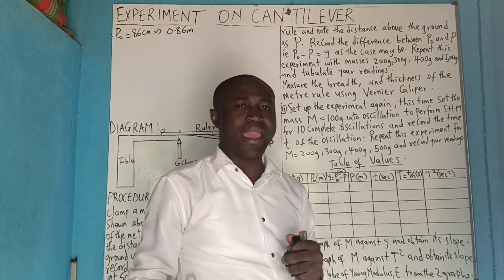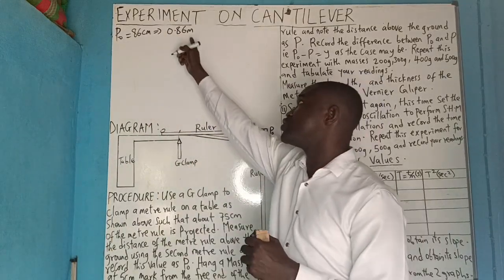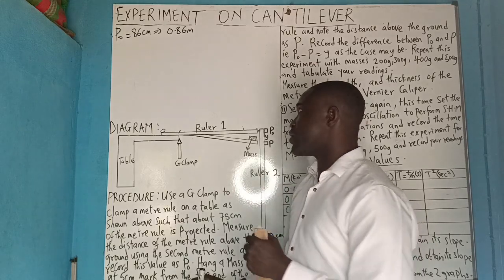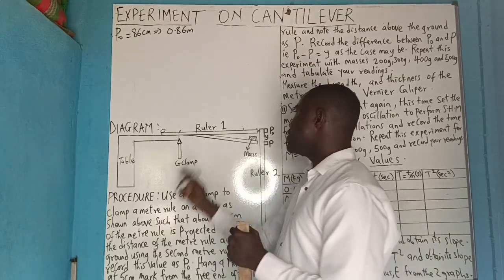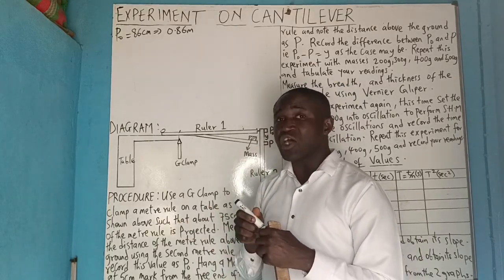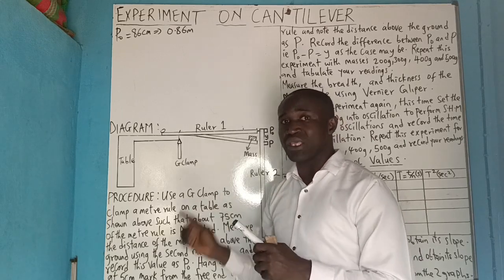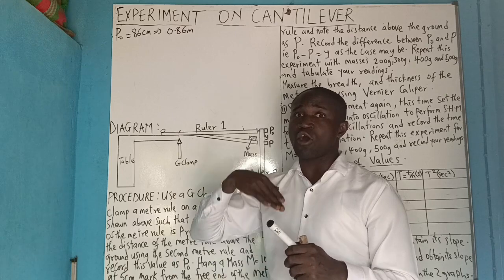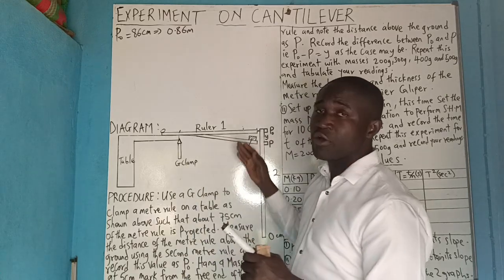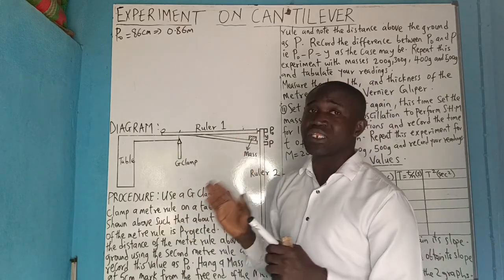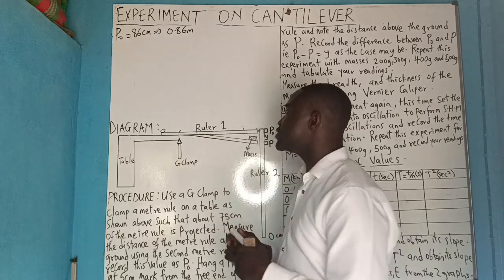Cm divided by 100 will give it to you in meter. Remember, we said this experiment tells you how stiff or how flexible that meter rule is, both from the principle of oscillation and from the principle of depression. That is what this experiment will help us to appreciate.